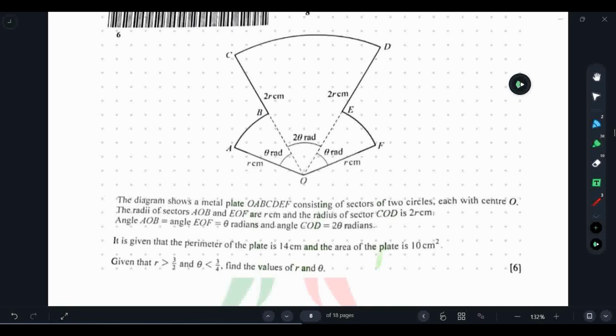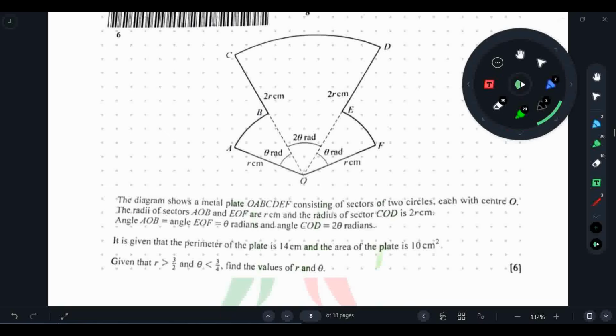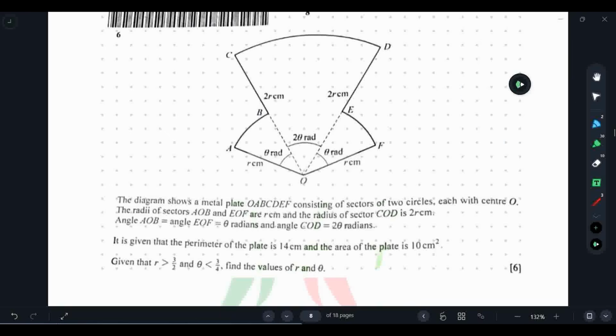The question is given to us, and in the first part it is given that the perimeter of the plate is 14 centimeters, and the area of the plate is 10 centimeters square.